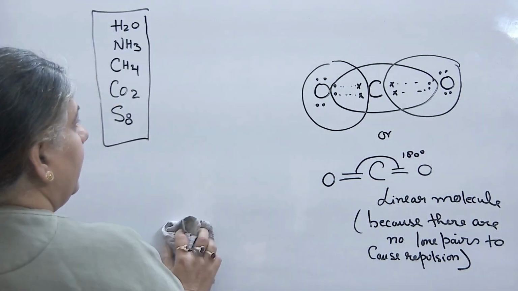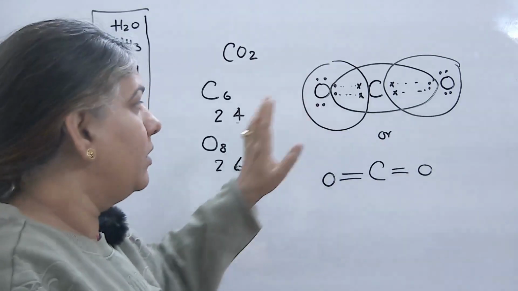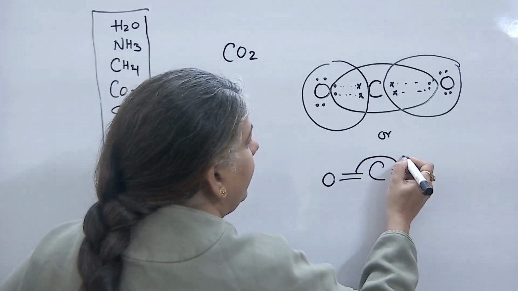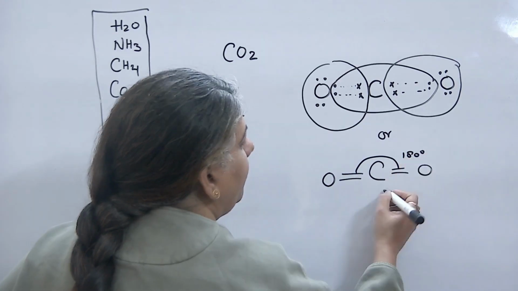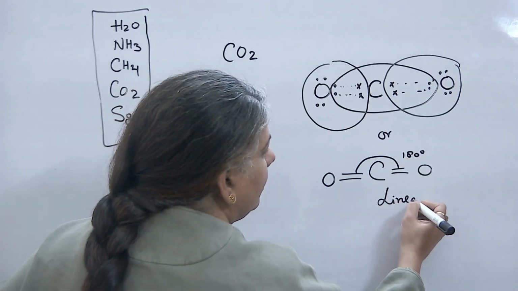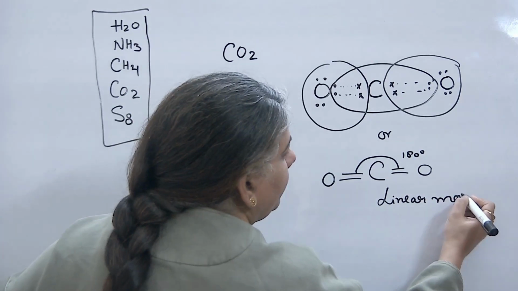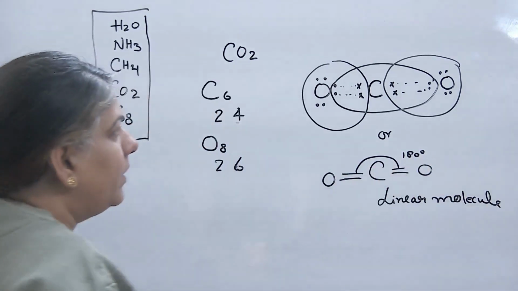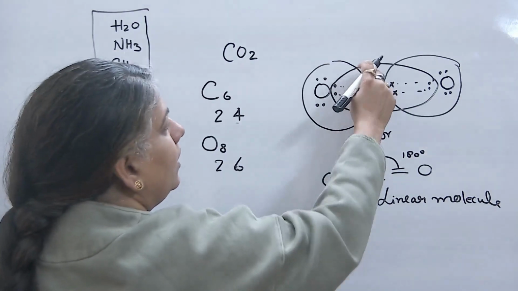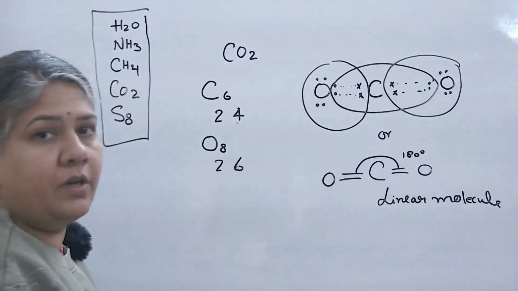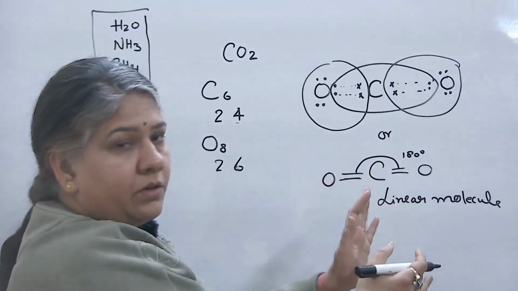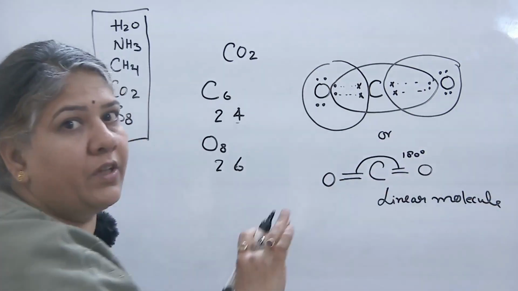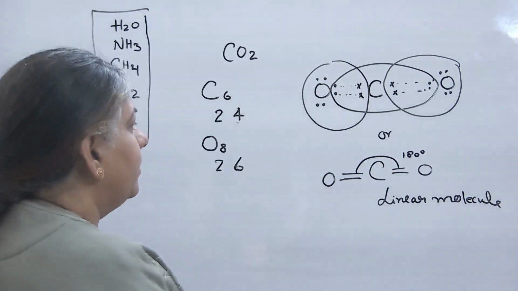Next is methane from oxygen. Okay, now this angle is 180 degree. This is a linear molecule. You can write in a straight line because there are no shared lone pair of electrons present to produce repulsion. So this is a linear molecule and you can draw it in a straight line without any bending here.